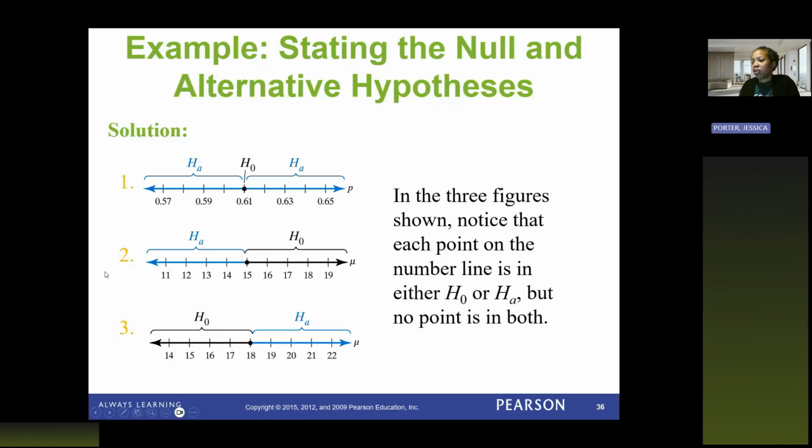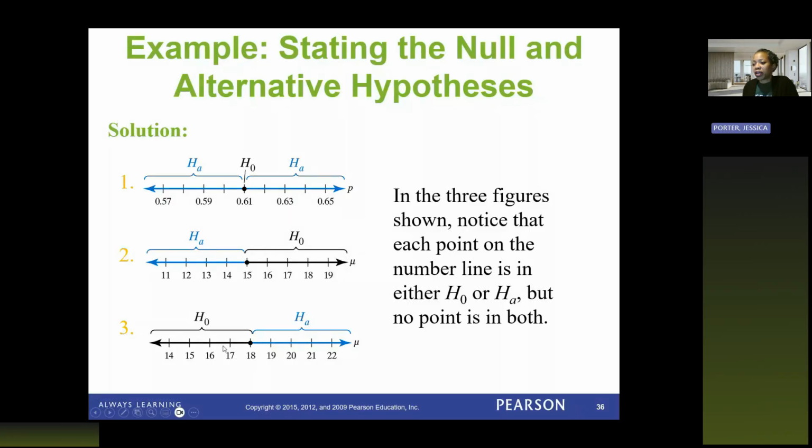So remember, when the proportion was 0.61, the null hypothesis is that it equals, and then the alternative is everything else. And then when we had 15, H sub 0 was greater than or equal to 15 on that one.